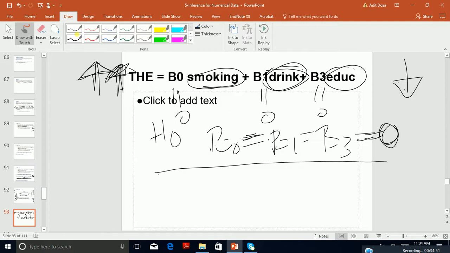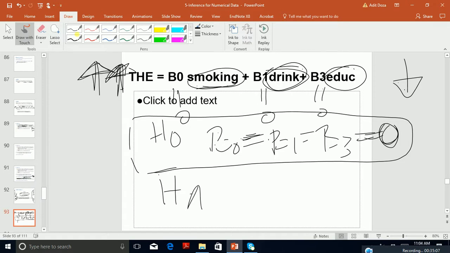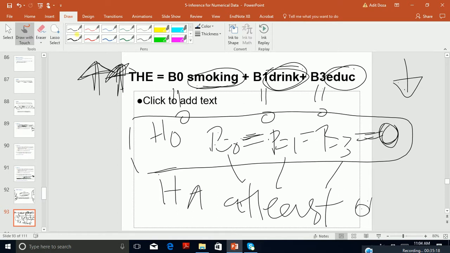And this is like an F test, agreed? It's like an F test because I am assuming they are 0, so these variables will not impact the health expenditure. This is the null. What is the alternative? The alternative is that at least one of them would be non-zero.